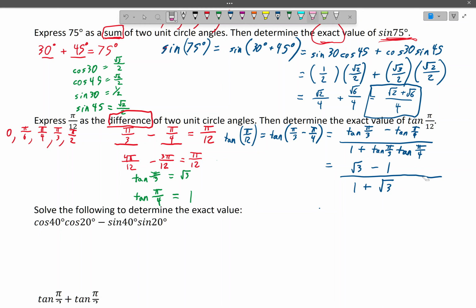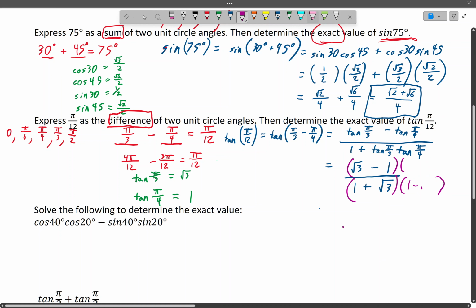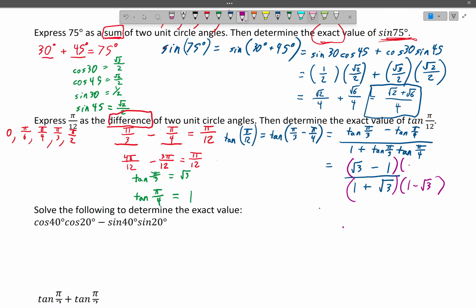And now what we can do is multiply by the conjugate if we want to get a different statement at the bottom here. So we're going to go 1 minus root 3, 1 minus root 3, so multiplying by the conjugate top and bottom.